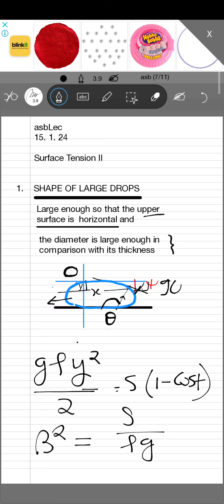So in this case it might be like this. It is initially like this. So as it grows in shape, there is a time when it actually is like this. So this is 90 degrees.